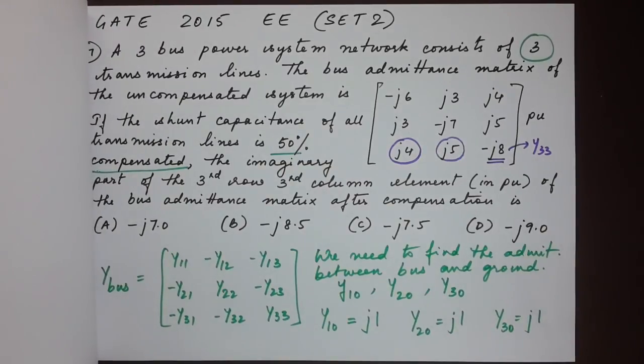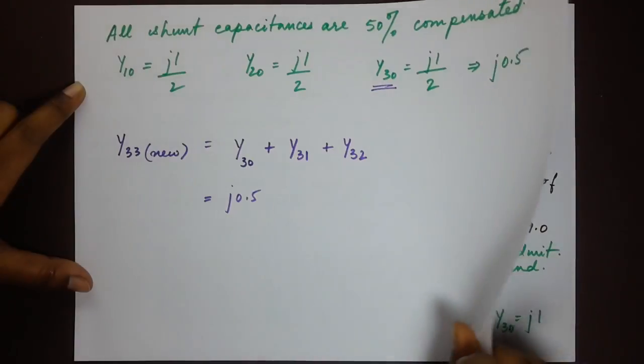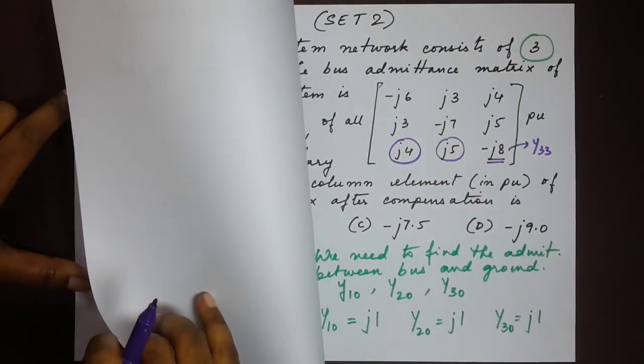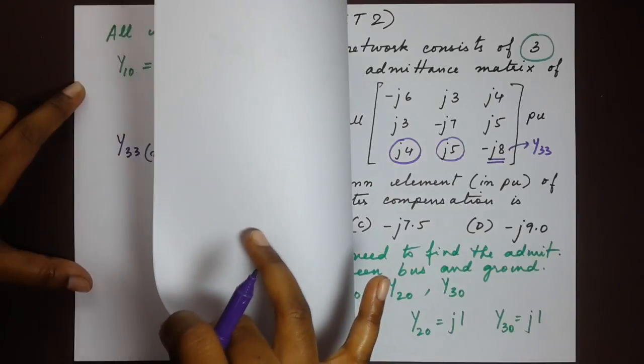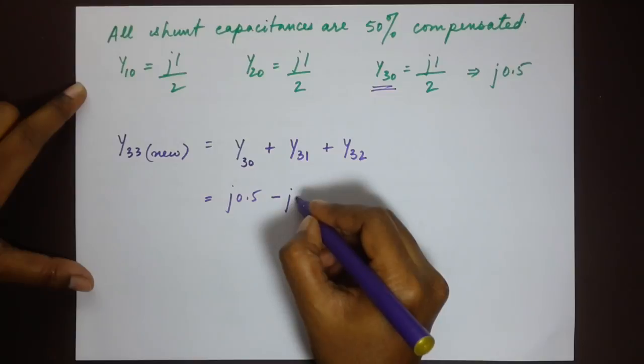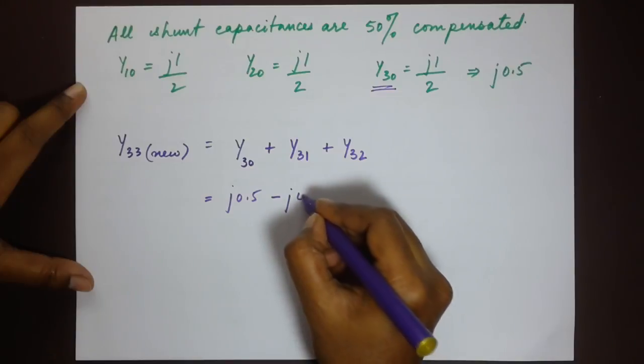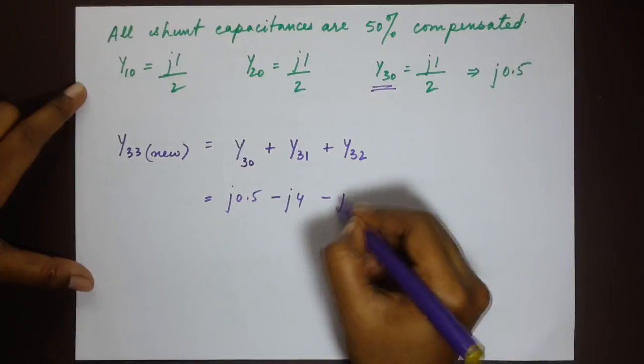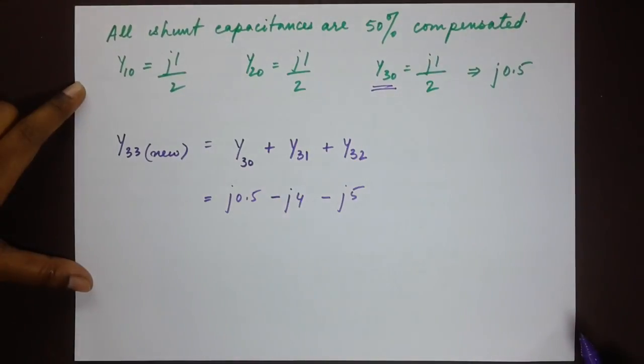Okay, so here you will have to be very careful because if you notice the Y bus that we have written down below, the diagonal elements are positive while all the rest of the elements are negative, which means we will have to consider j4 and j5 as negative. So that's a negative j4, negative j5.